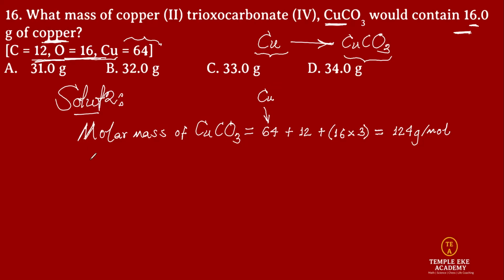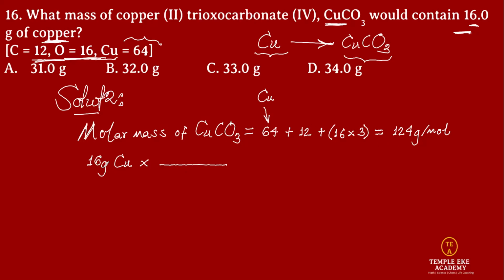The method of dimensional analysis. We aim to cancel the units provided on the left. So 16 grams of copper. Gram of copper is the unit on the left. We aim to cancel it, and the target is the denominator area. We work the denominator in such a manner that it cancels this unit based on the relationship we have.